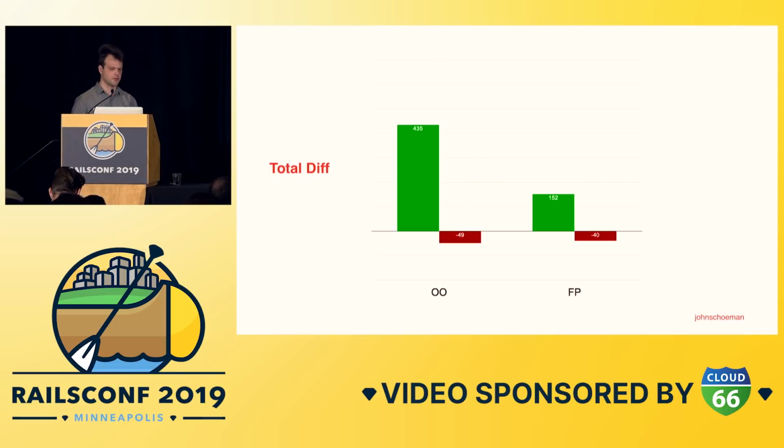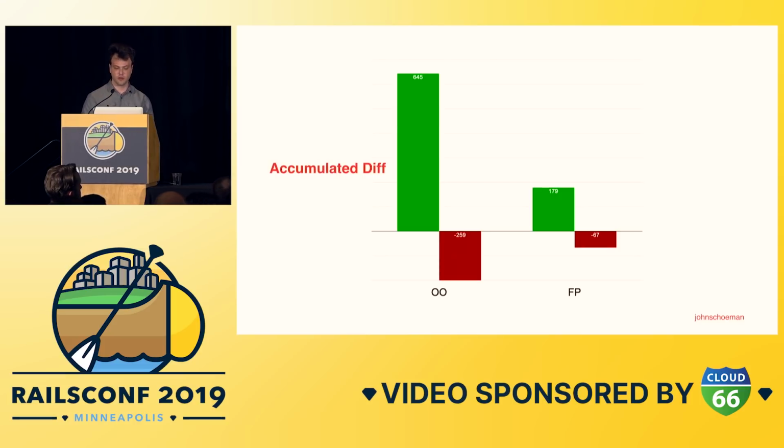Here's the total diff, so the total code added at the end of the day from our starting point. It's about a factor of 4 in terms of added code, which was interesting to see, but I think more importantly the accumulated diff I noticed was significantly higher. This is the total added difference for each commit added up.